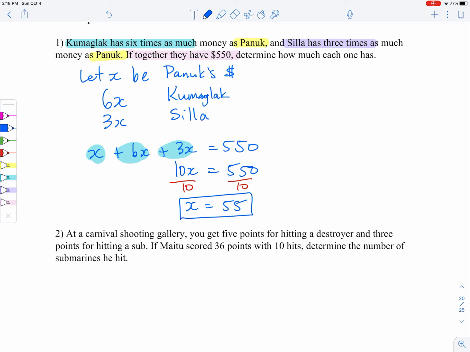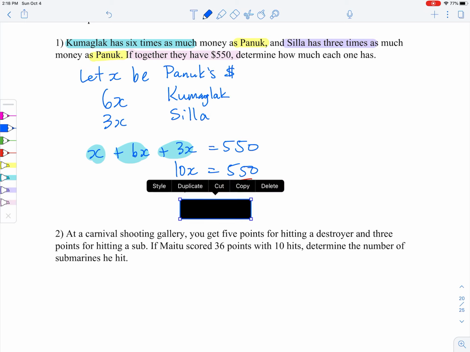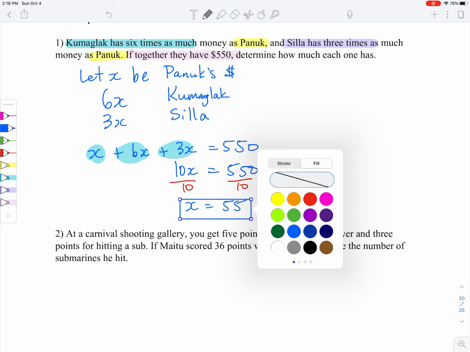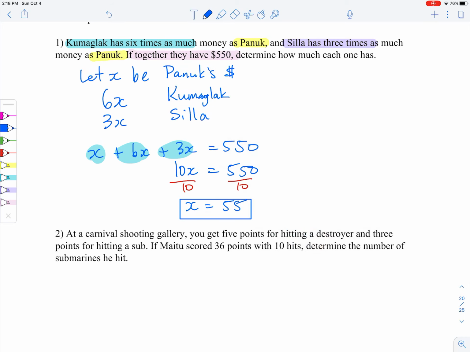So that's what x is, but we haven't answered what they asked, because what they asked was how much each one has. So therefore, x was Panouk. So Panouk has $55, and don't forget to include that dollar sign because that's like your units.